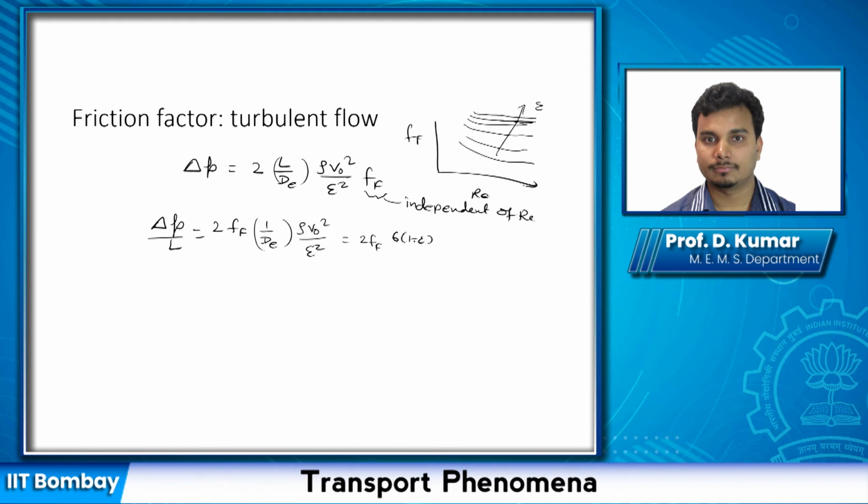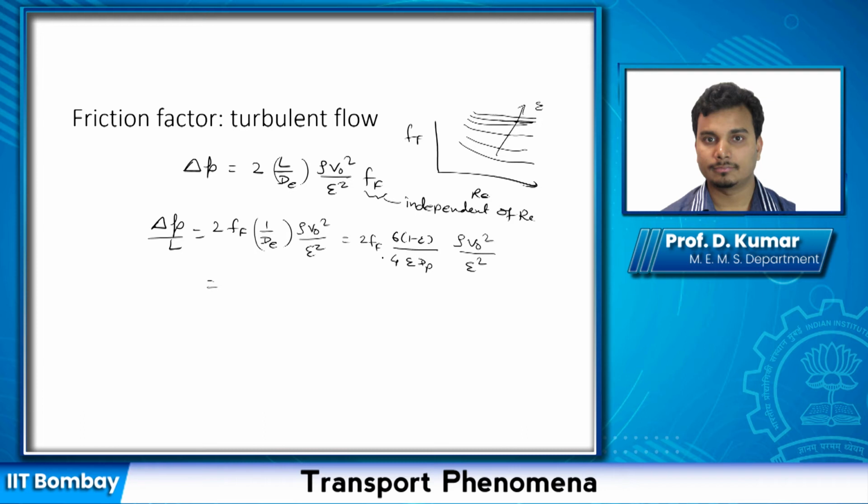6 (1 minus epsilon) by 4 epsilon dp. So you're converting, writing in terms of particle size, and then the other things will be rho v square by epsilon square.